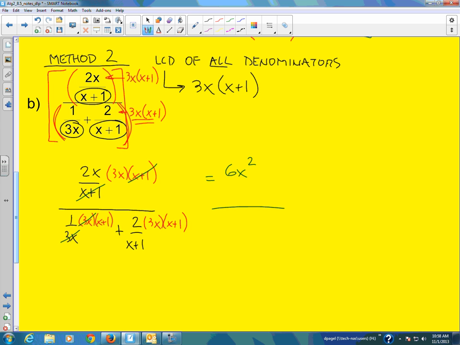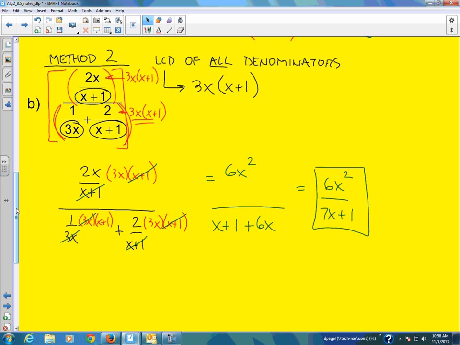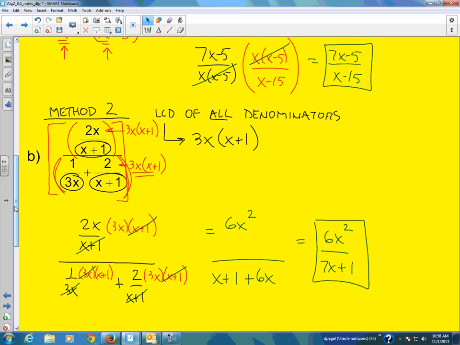And I end up with just x plus 1. And x plus 1 cancels with that x plus 1. And I end up with just plus 6x. And so this whole thing becomes 6x squared over 7x plus 1. And again, nothing can come out factor-wise, so there is the solution to that complex fraction using method 2.